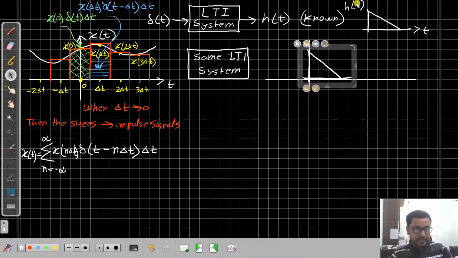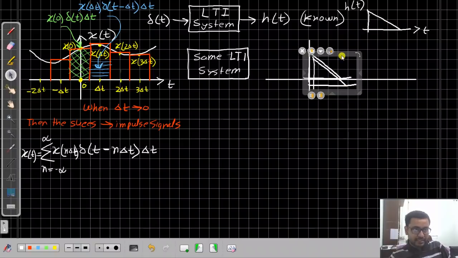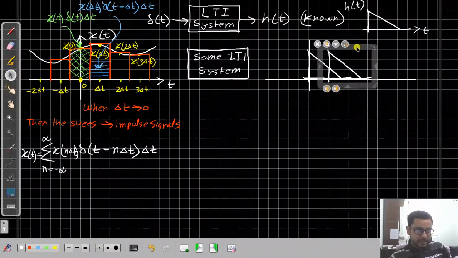So I shall again copy this particular pattern and paste it at time t equal to delta t. And then again I shall multiply this by the area of this impulse function.